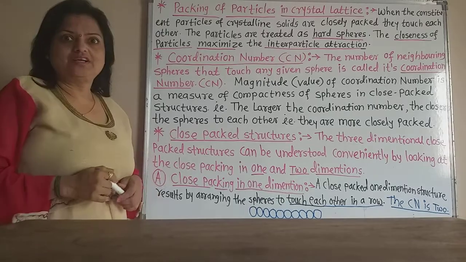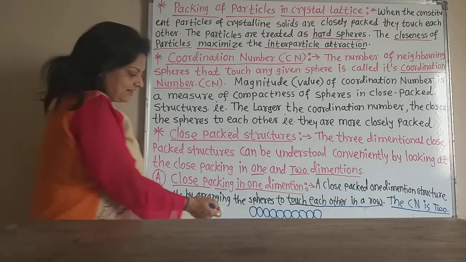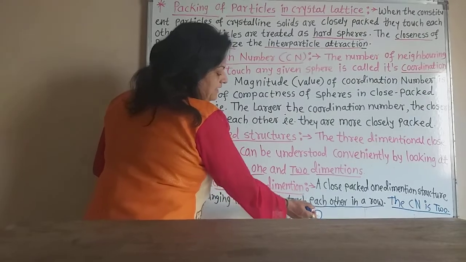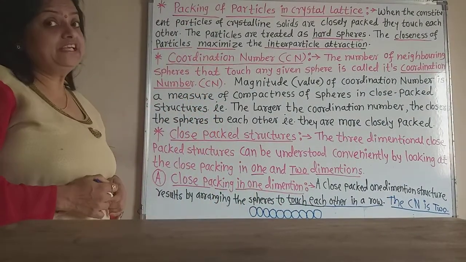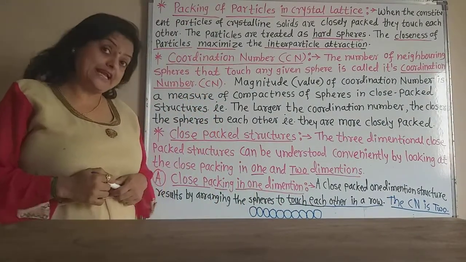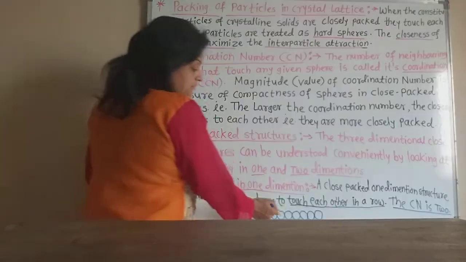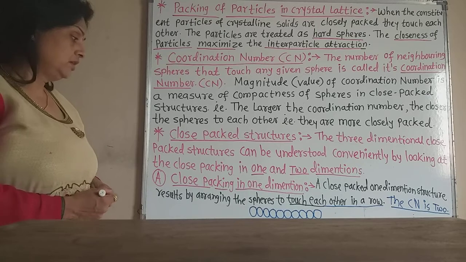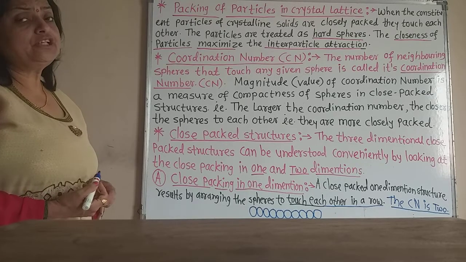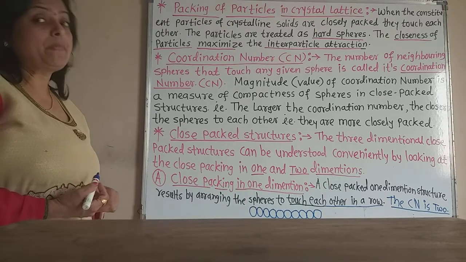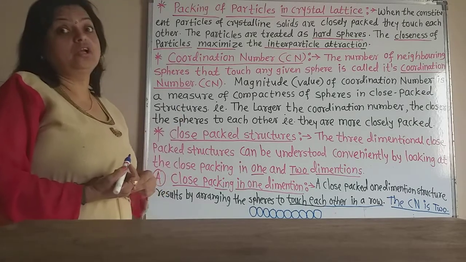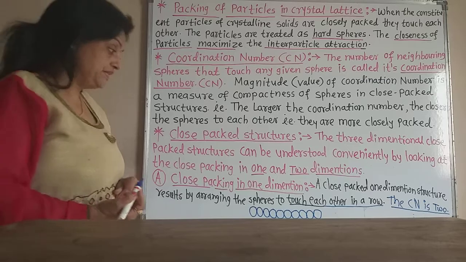For example, see here, I draw this arrangement of the spheres in one row, in one dimension. So, what will be the coordination number of any given sphere in the one dimensional arrangement of the spheres?